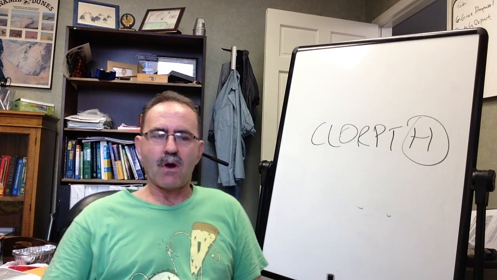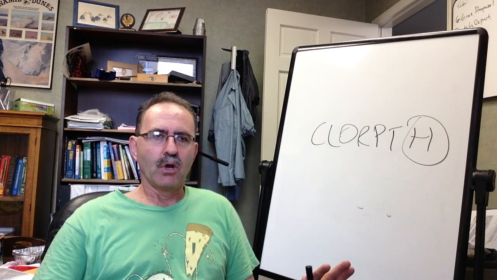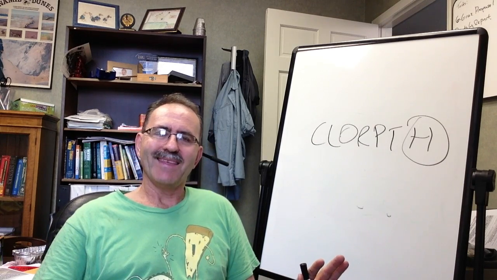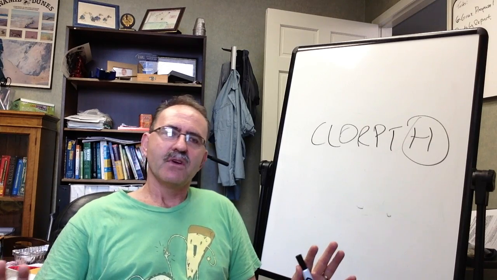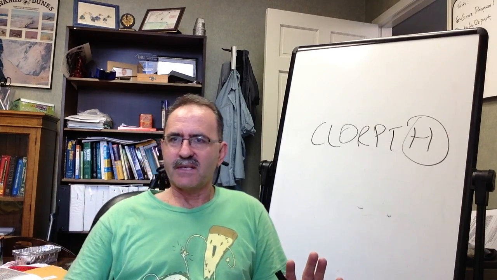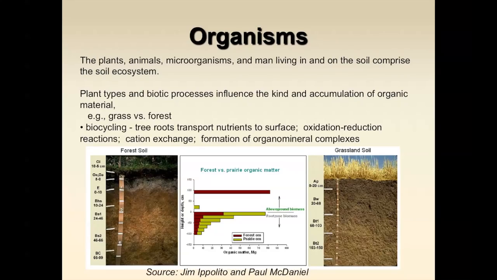Perhaps one of the most obvious ways of looking at soil and the influences of plants on soil is looking at forested soils versus grassland soils. And this seems a little bit counterintuitive, but it turns out that there's a lot more below ground biomass in grassland soil.